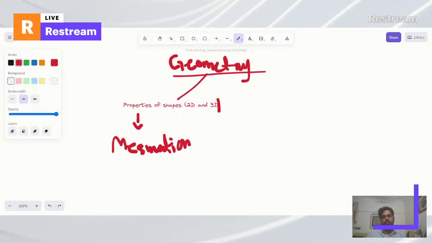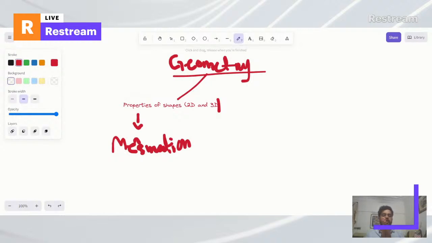This is a very important topic. Here we're also gonna find out areas and perimeters of different shapes, whether 3D shapes. I'm gonna define the difference between area, surface area, and perimeter.